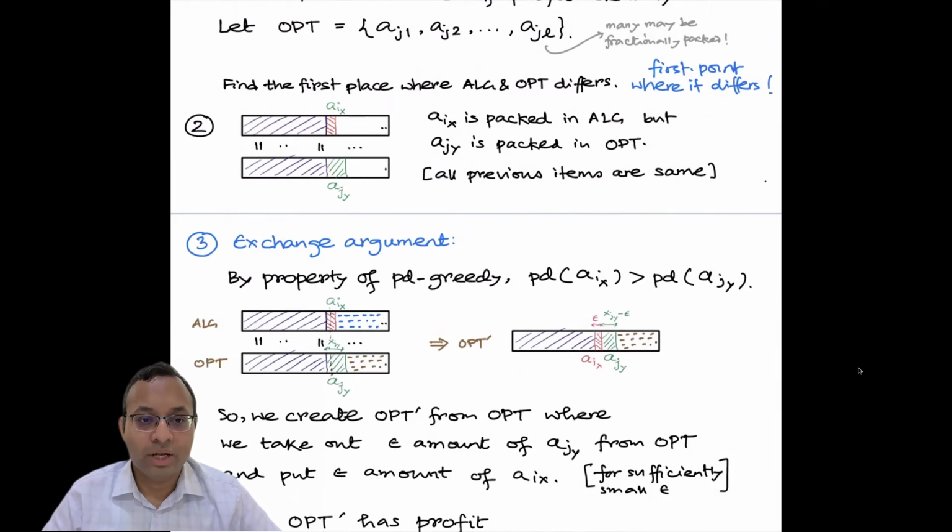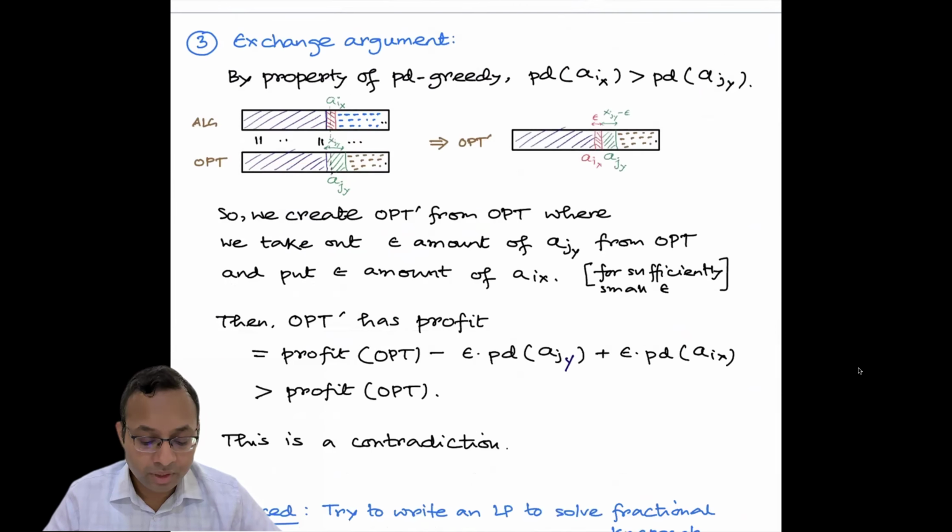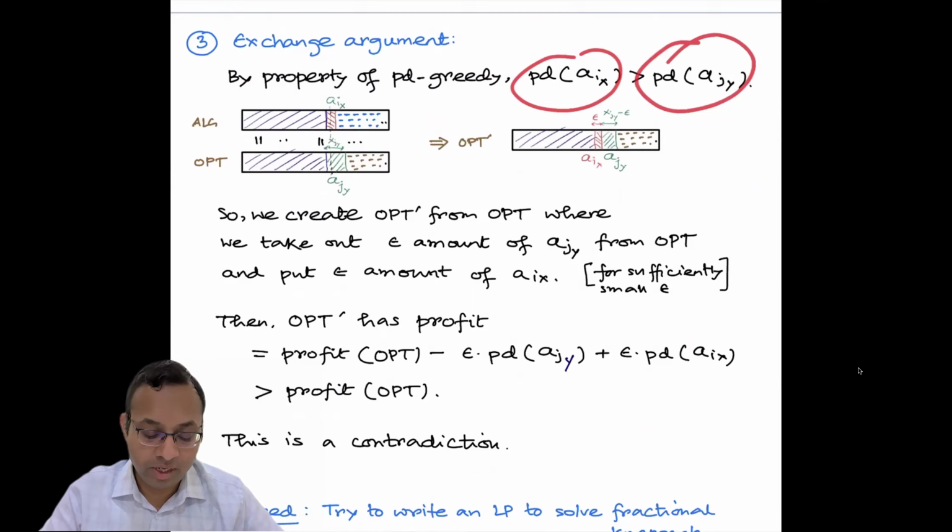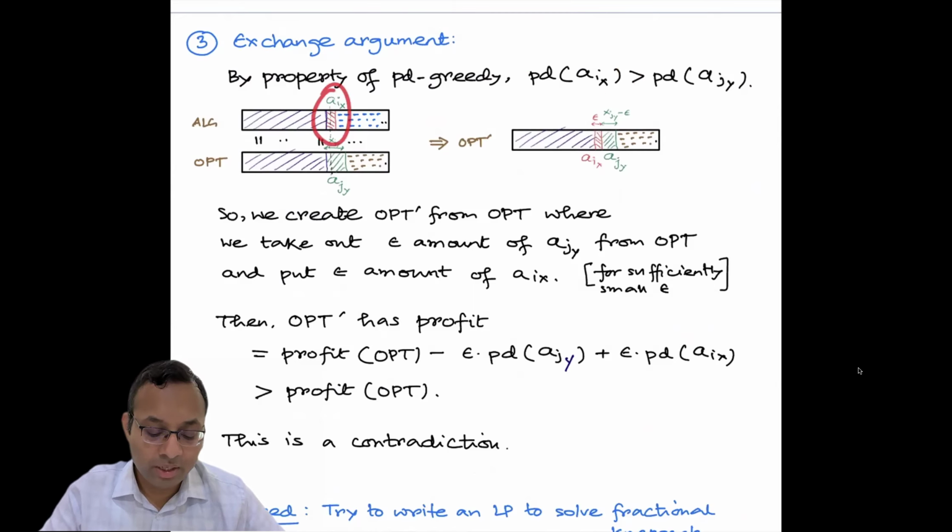Now what we do is an exchange argument. We create another solution which should be even better than the present optimal solution. By the property of profit density with greedy, we know the profit density of AIX is more than the profit density of AJY. That's the reason AIX was put, not AJY, in the algorithm solution.